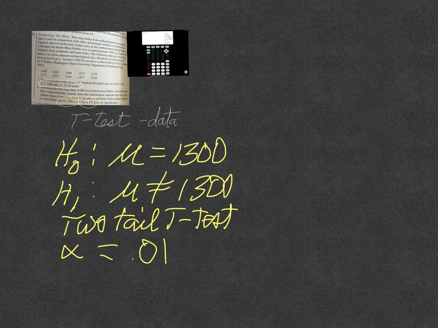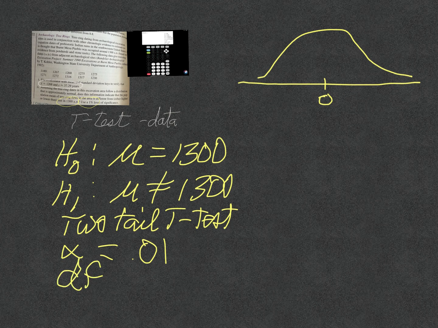So, since we have a two-tailed t-test, that means we're going to have a bell-shaped distribution. 0 is the mean. This is the standard t. Our degrees of freedom are going to equal 10 minus 1, or 9. So we have 9 degrees of freedom.